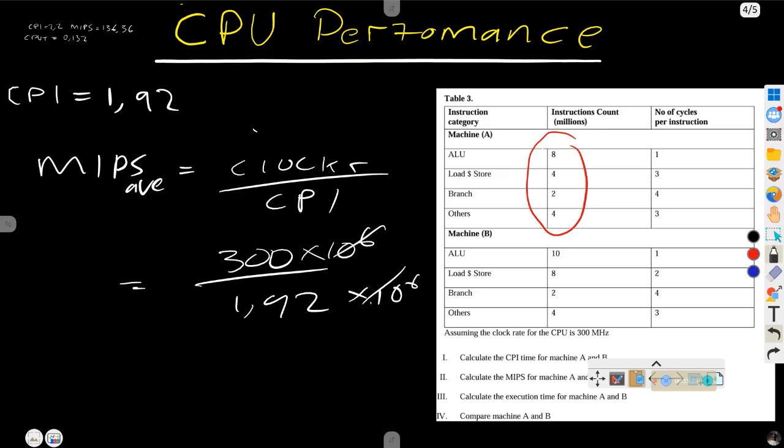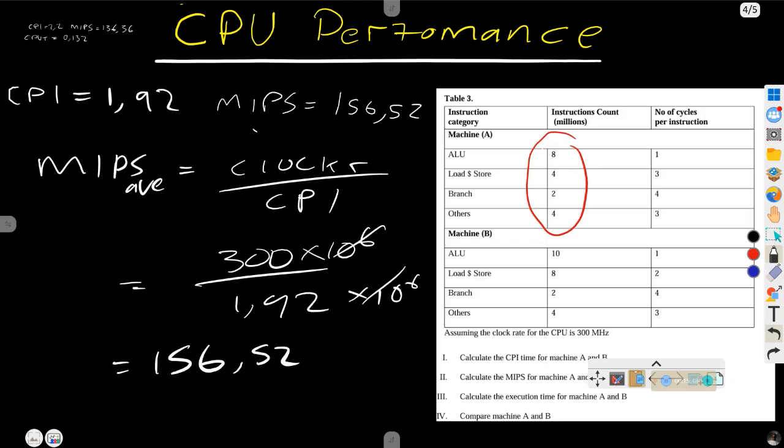This cancels this, and we are left with 300 over that answer, which gives us 156.52. Now this is our MIPS, 156.52.